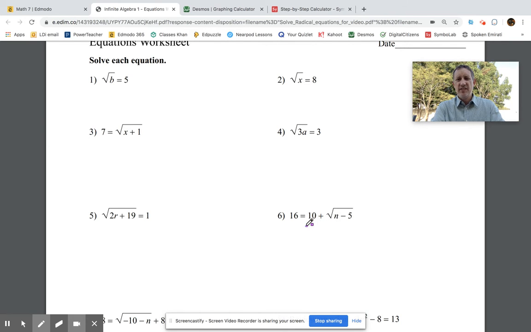How do we get rid of plus 10? We subtract 10. Okay. And subtract 10 on both sides. And these cancel out. 10 minus 10 is 0. 16 minus 10 is 6. So we just completed our first step.